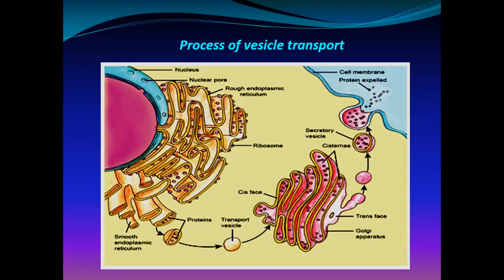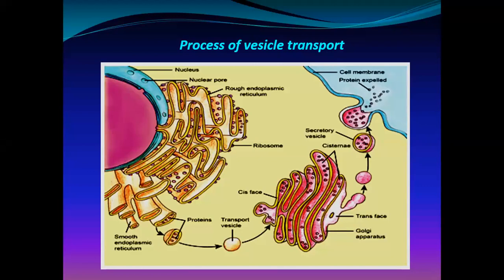The smooth ER doesn't have ribosomes. So at the end of the day, proteins are synthesized in the rough endoplasmic reticulum, and then from the vesicle area, there are cisternae, tubules, and then the vesicle area. There are three regions. The proteins are packed in a small vesicle and then transported towards the Golgi apparatus.